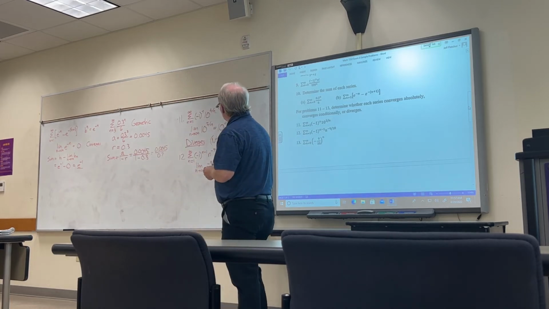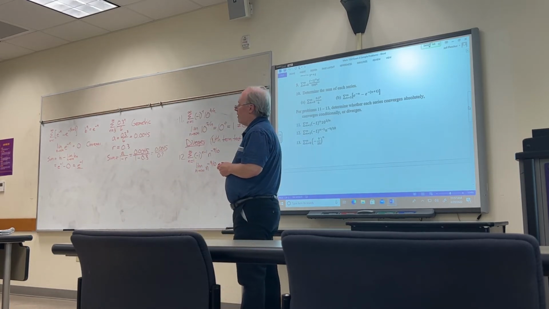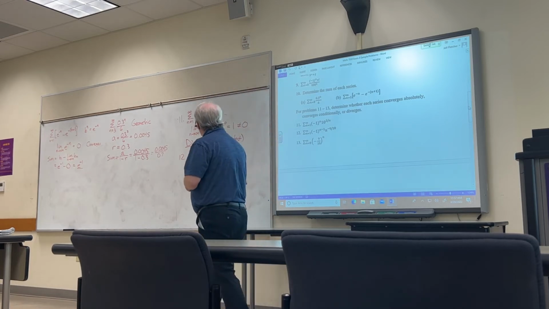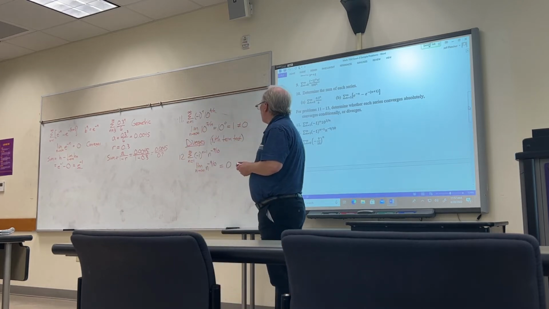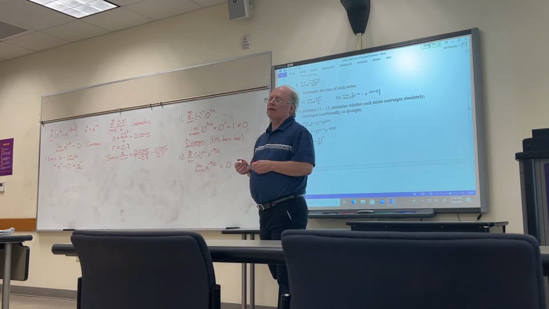So what are we going to get for that limit? Doesn't it just go to 0? Yeah, it's going to go to 0 because, of course, you can write it as 1 over n to the 9/10.